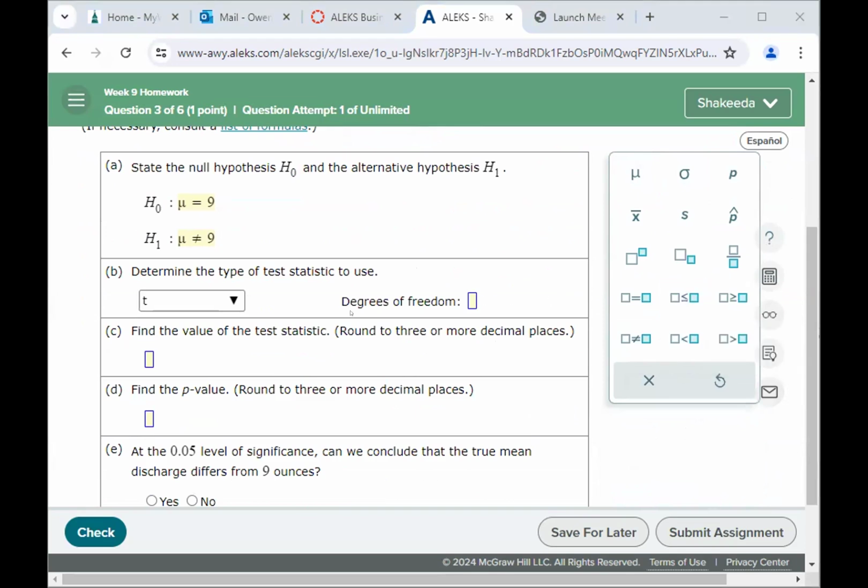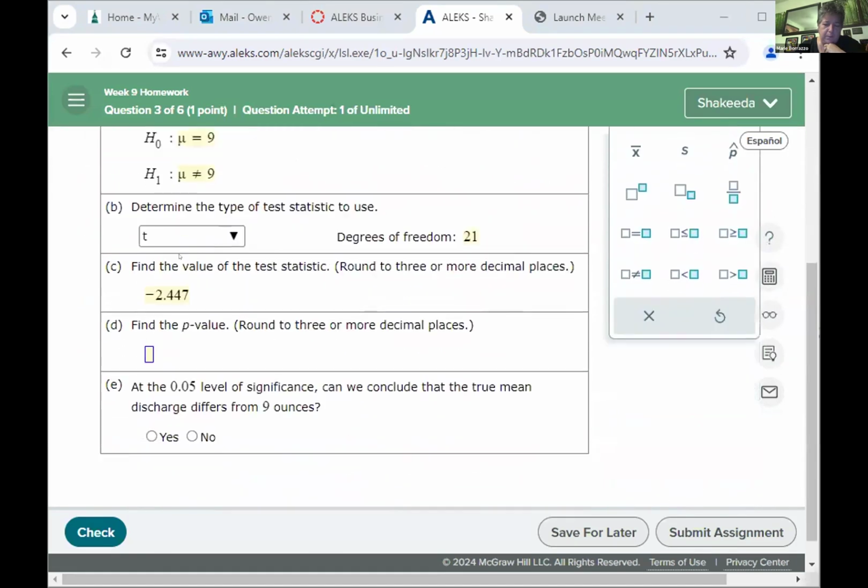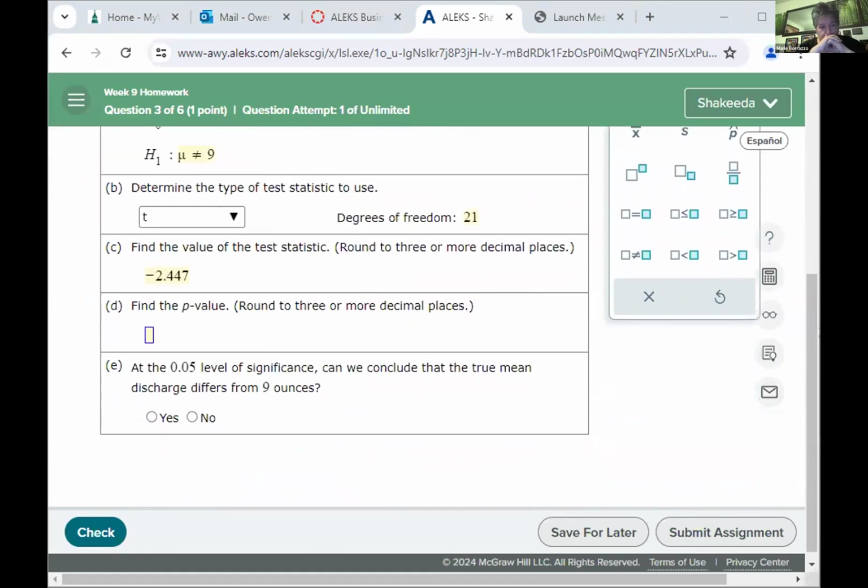Yep, 21. The test statistic, I have negative 2.447. Now this is a two-tailed, so your two-tailed p-value should be 0.023. Right here, yes, 0.023, okay.